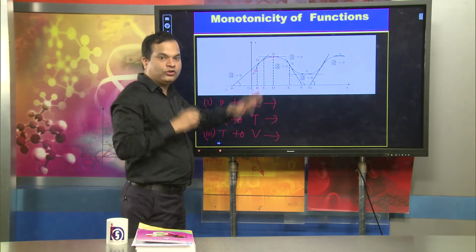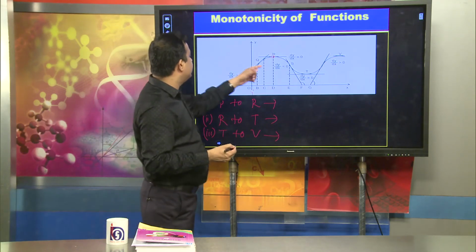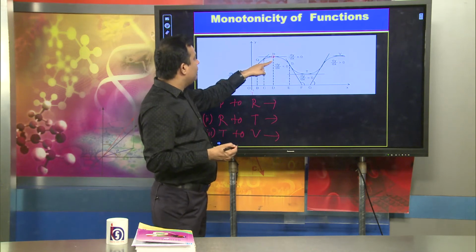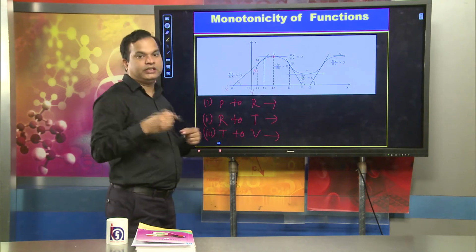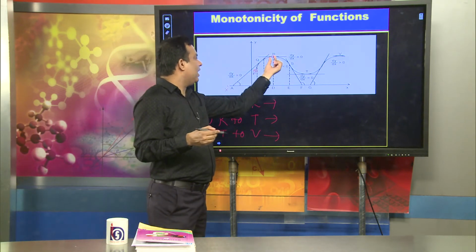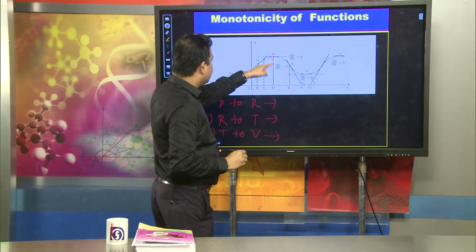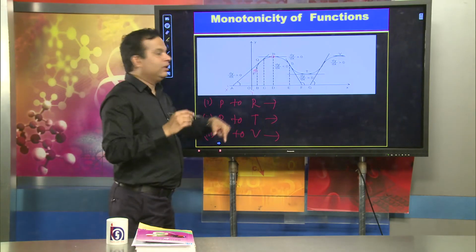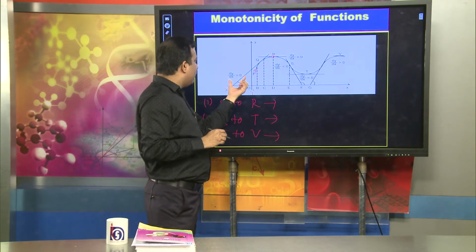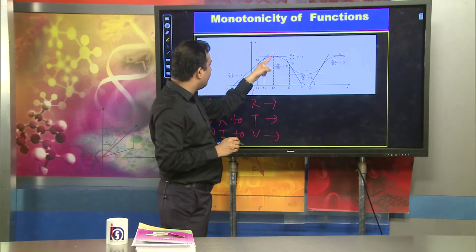That means the slope of the tangent of the curve at the point R is 0, and that is the maximum at the point R. From P to R, the slope of the tangent is greater than or equal to 0, then it starts with dy by dx less than 0, and the optimum point is at R.